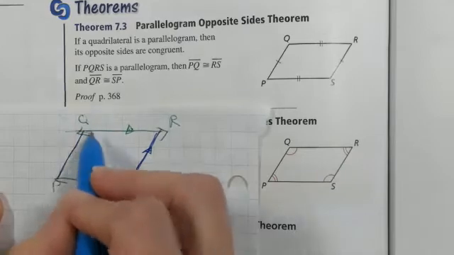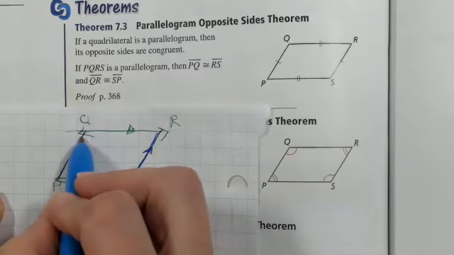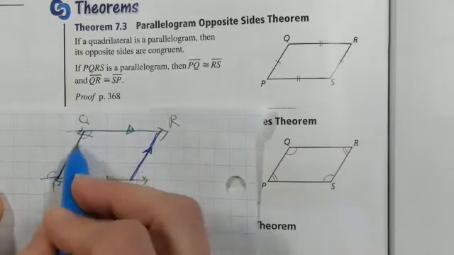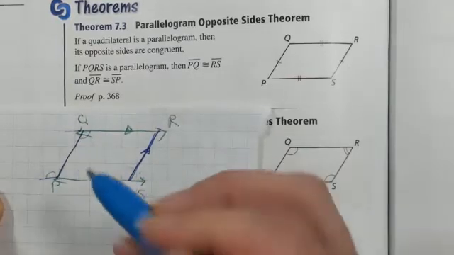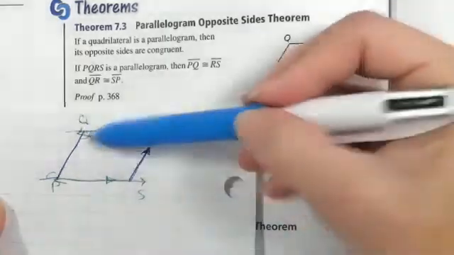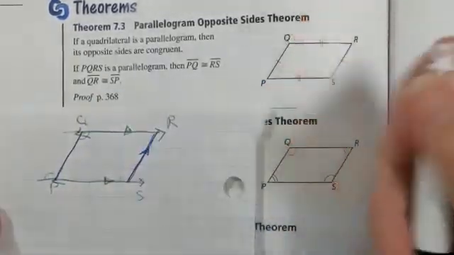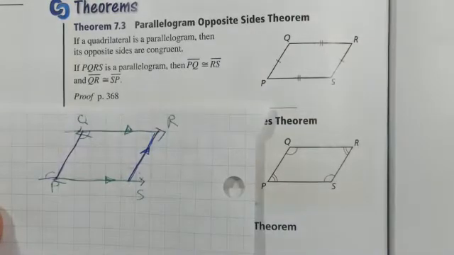That means that these are congruent and then our alternate interiors are congruent. That is how you get opposite angles to be congruent. So with parallelograms, everything is opposite. So opposite sides congruent, opposite angles congruent.